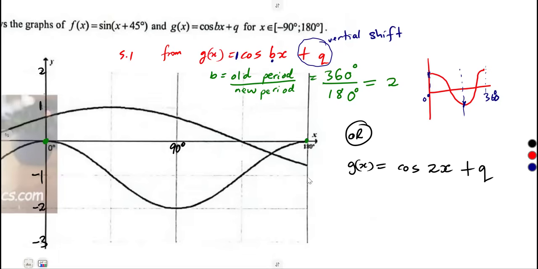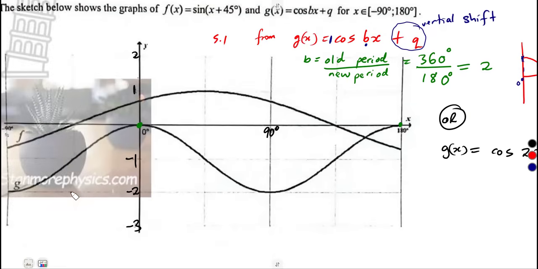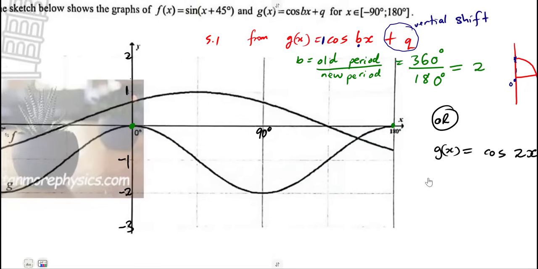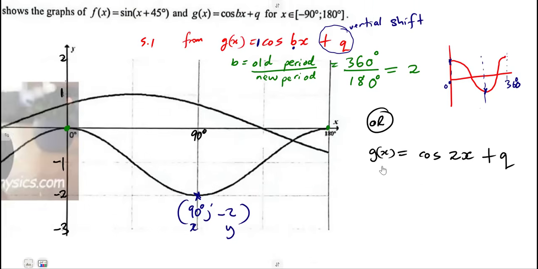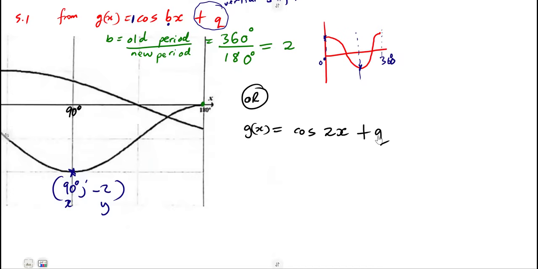We can take any point on the graph of g(x), for example 0 versus this point, or 90 versus -2, any point. So let's take 90 degrees versus -2, a point which is found on g(x). Substitute the x value and the y value, and find q, because that is the only missing part.